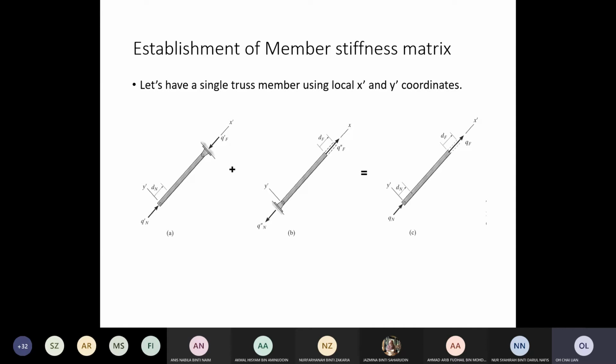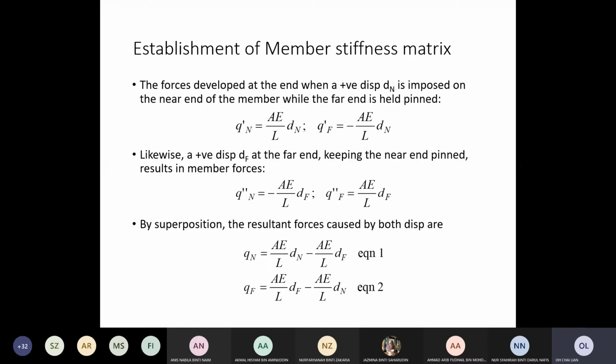Of course, later we are also dealing with the displacement in the y direction. But in terms of forces, at the local level we are talking about the axial effect, x prime.